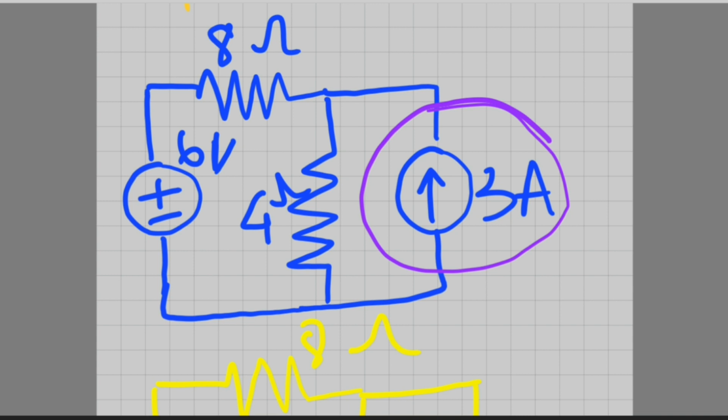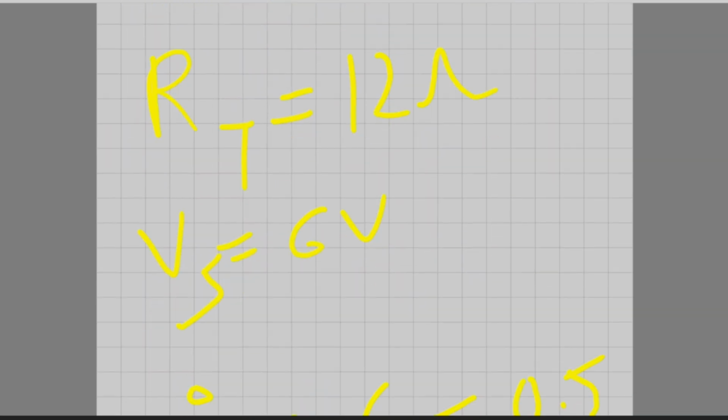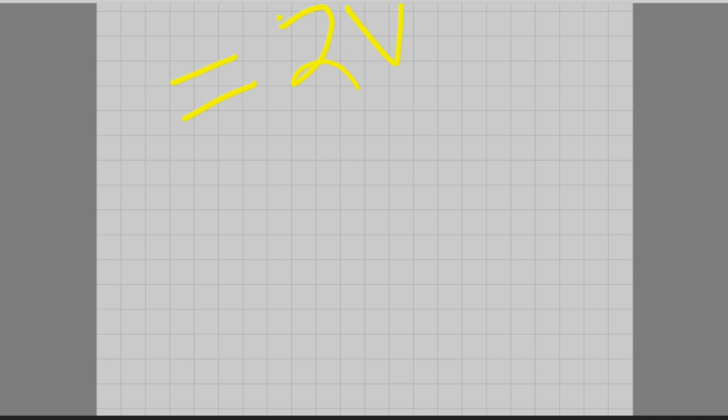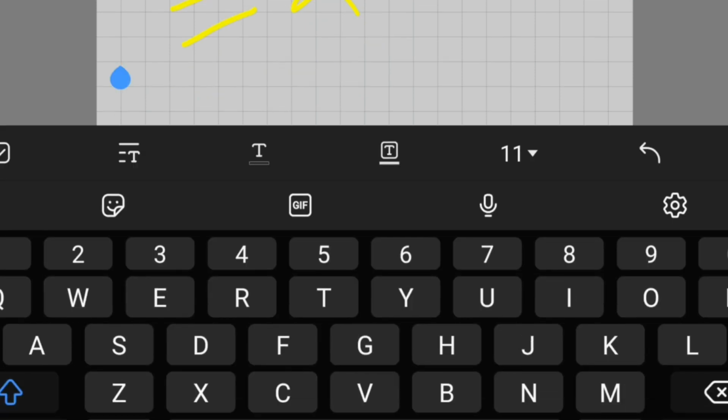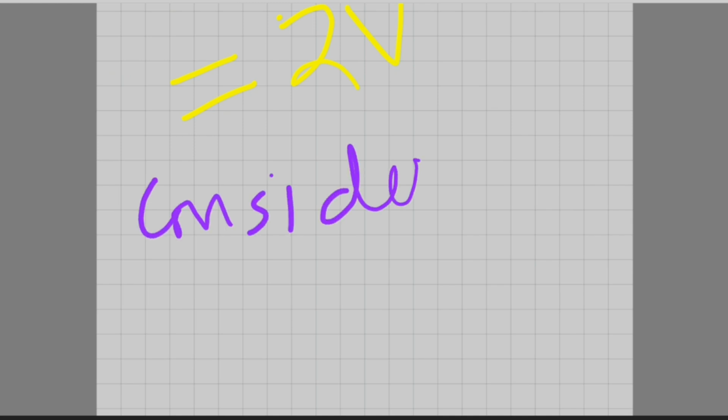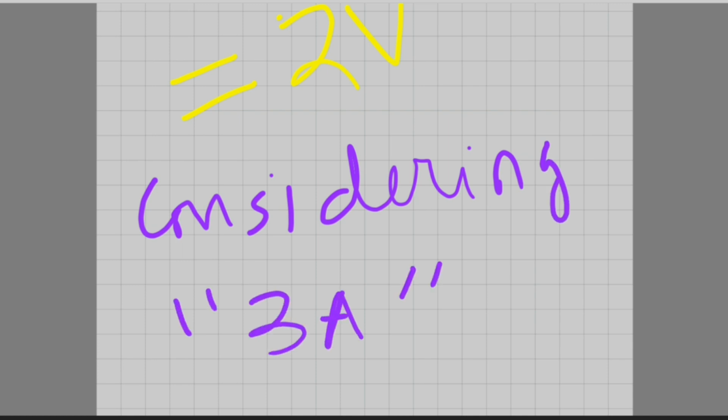So here we are replacing it by a short circuit. So let's draw the diagram when we are considering the 3 ampere current source. So we have to draw the diagram here.